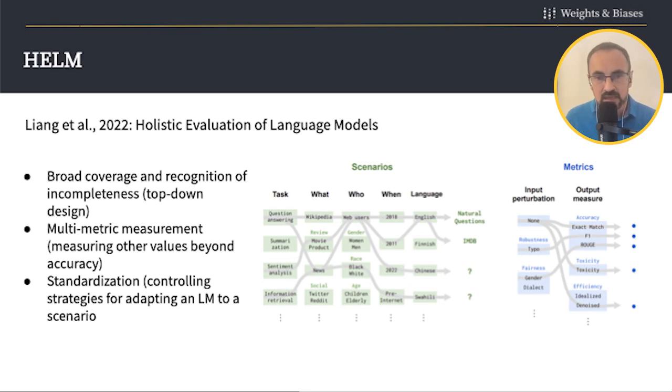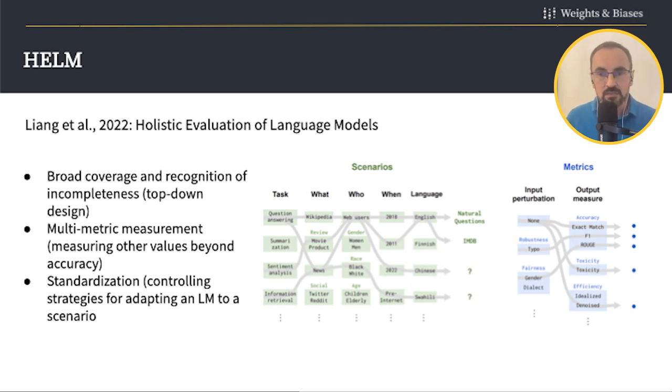And then these different scenarios, there are in total, I think, more than 20 scenarios. They are evaluated against multiple metrics. And again, the insight here is a lot of benchmarks over-index on accuracy, but as a society, we care about many other values as well.